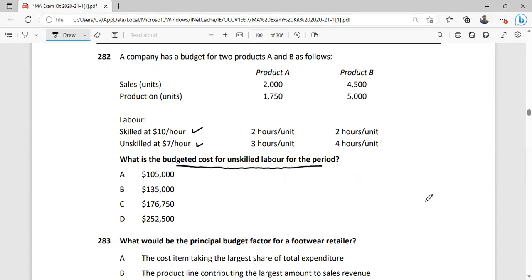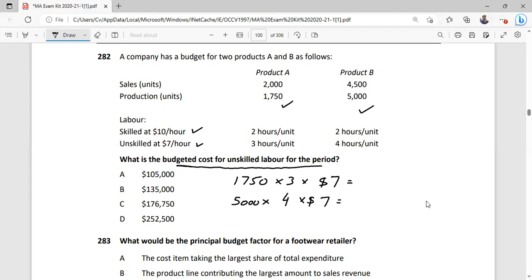So now we have 1750 production units for A. Each unskilled labor needs 3 hours and the rate per hour is 7. For B, we have budget production units of 5,000. Unskilled hours are 4 and the rate is 7.